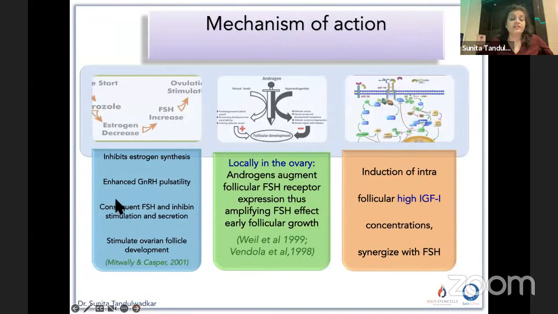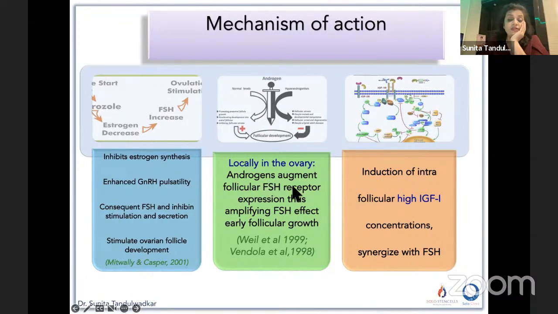Its mechanism of action, as I told you, mainly is that it doesn't cause an inhibition of the HPO axis, and locally, this is very important.